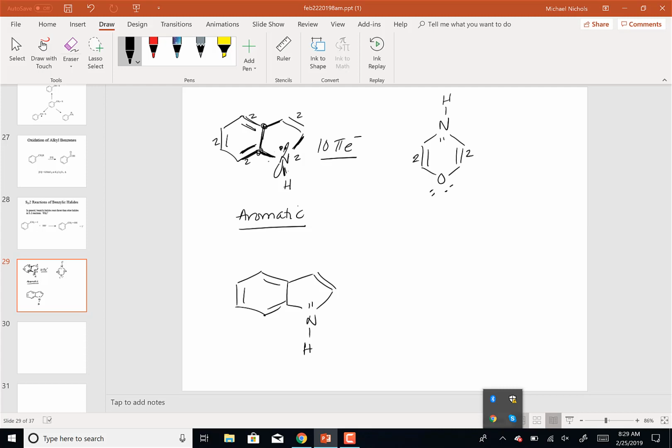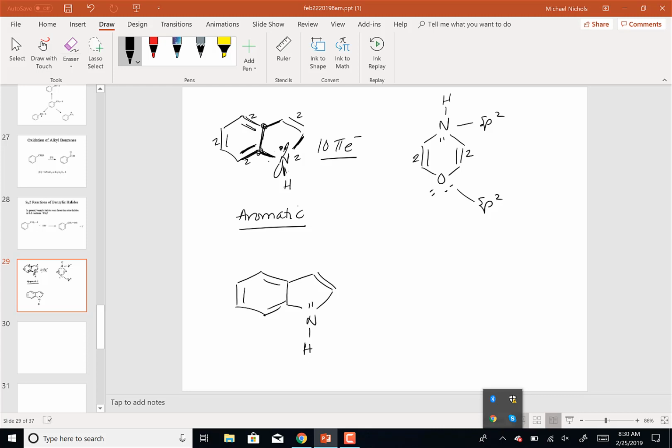What's going to happen for this system to even think about being aromatic? The first rule is make all of the ring atoms sp2 hybridized. So if this system is going to be aromatic, the nitrogen and the oxygen have to become sp2.